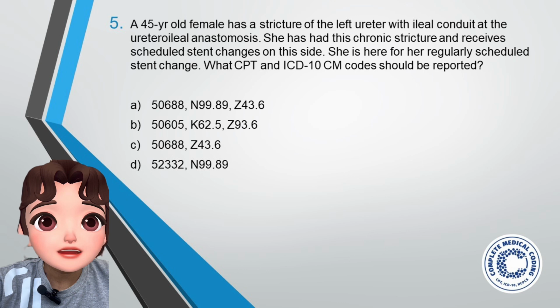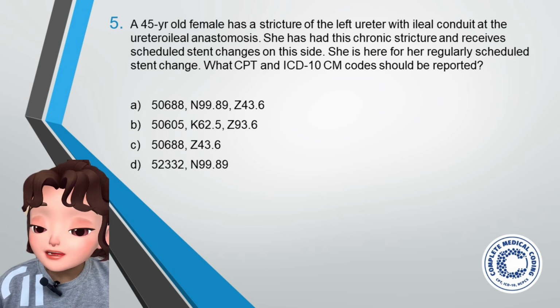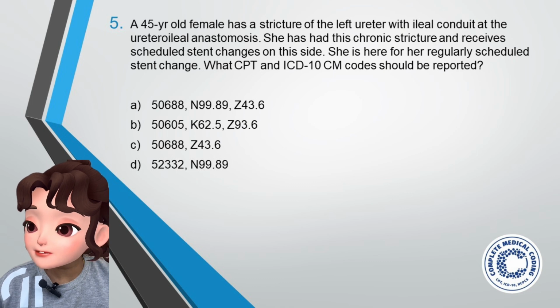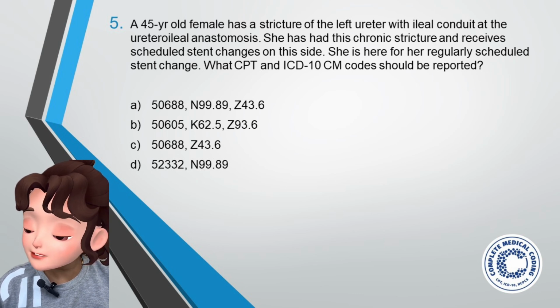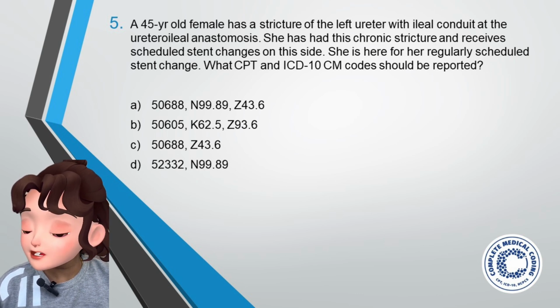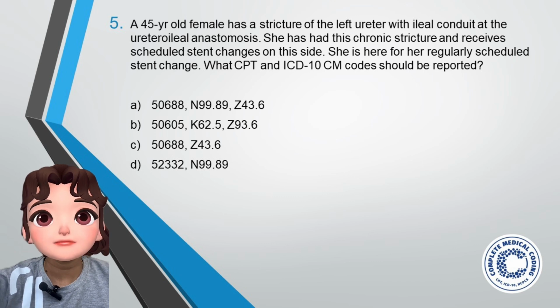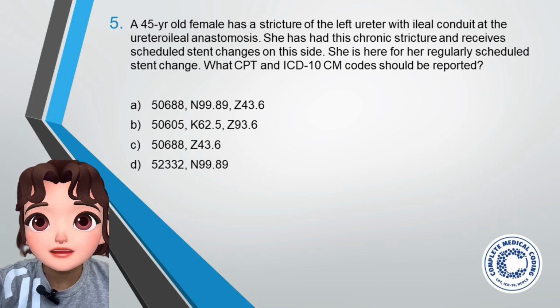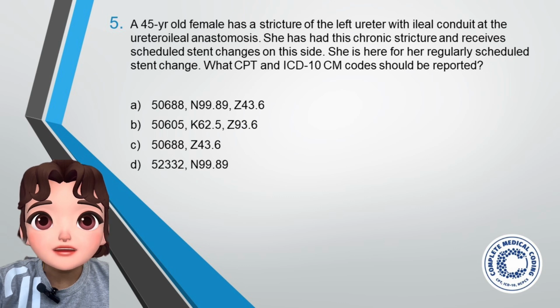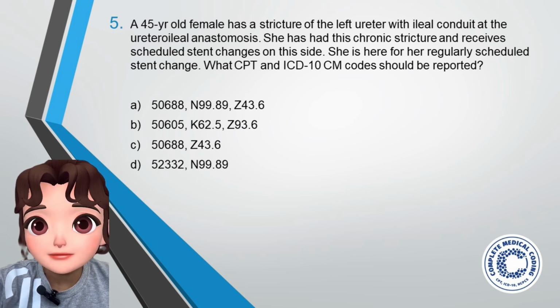And then what will be the CPT code? Just take 50688. 50688 represents change of ureterostomy tube or externally accessible ureteral stent via ileal conduit. Yes, that is mentioned in the first sentence. 45-year-old female with stricture on the left ureter with the ileal conduit at the uretero-ileal anastomosis.